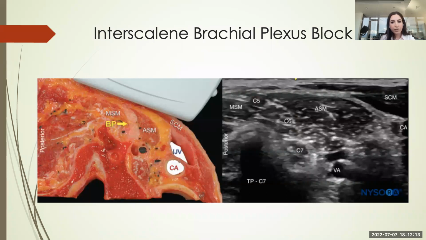This is a cross-sectional view and the associated ultrasound image on the right here. And you can see that classic traffic light sign of the C5, C6, and C7 nerve roots situated between the anterior and the middle scalene muscle. In this particular image, you can also see the transverse process of C7, an L-shaped transverse process here.